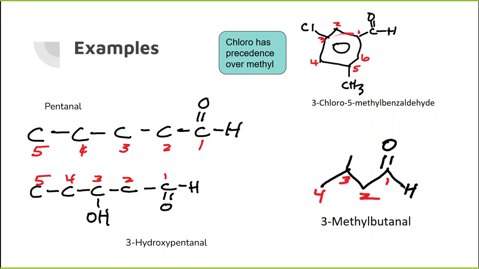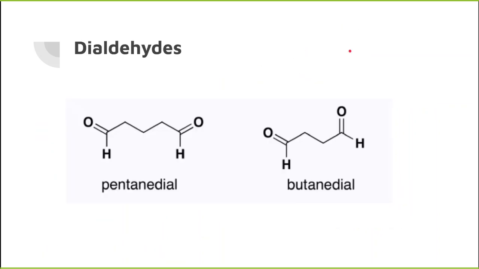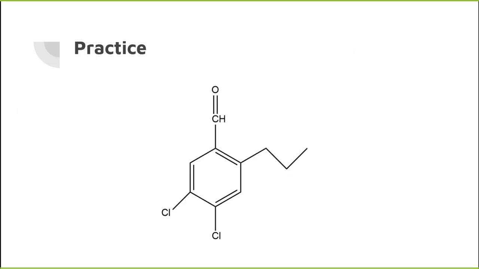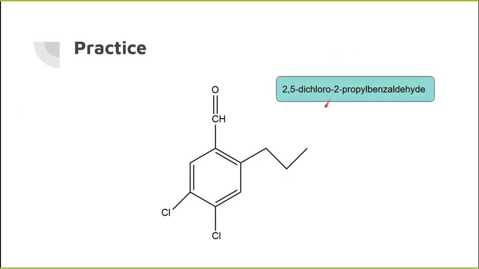So if you do run into the situation where you can go either way, then you look at it alphabetically. But it appears the rule has changed so that you do it to get the lowest numbers regardless of alphabet. Like this one here is the one that I had up last week.